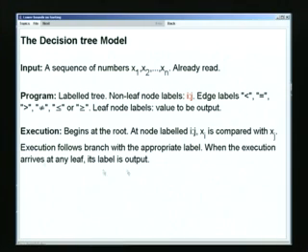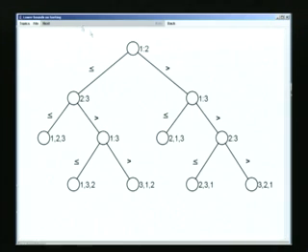When the execution arrives at any leaf, the label of the leaf is output. So let's try this out for the program that we have drawn over here. As I said, this program is going to be used for sorting 3 numbers. Let's say the input instance is x1 equal to 20, x2 equal to 30, x3 equal to 10.